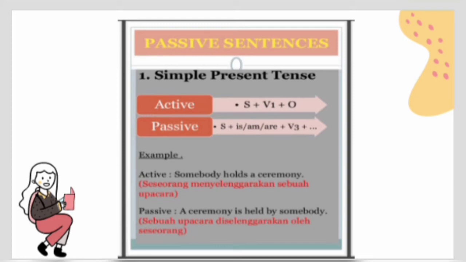And for the passive sentence, the formula is subject plus is, are plus verb 3. For example, active sentence: somebody holds a ceremony, and passive sentence: a ceremony is held by somebody.